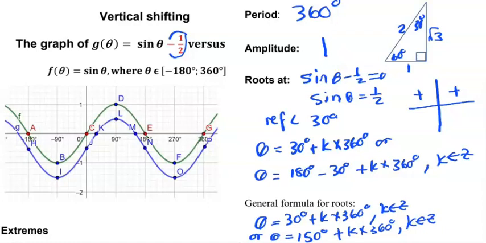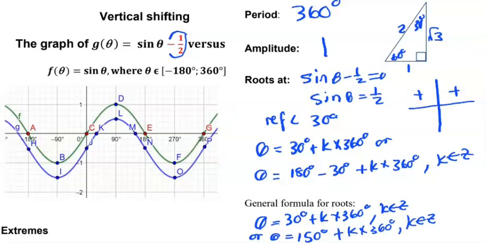So let us check whether our formula is correct. When we take k equal to 0, we get 30. When we make k equal to 1, we will get 390 degrees, which is not on our graph. When we take k equal to minus 1, then we get minus 330, which is not on our graph.